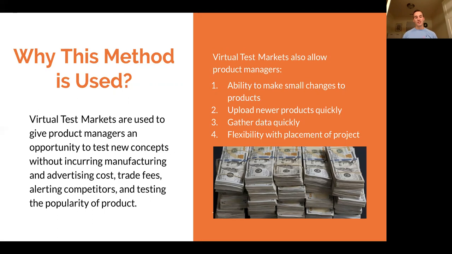Running it through a virtual test market allows the researcher to make a small logo, texture, or color adjustment to their product and see how the market reacts to it. They can also use this to upload newer products quickly into the market and see how they're able to gather the data from it.